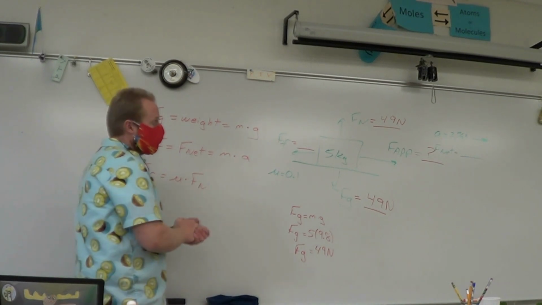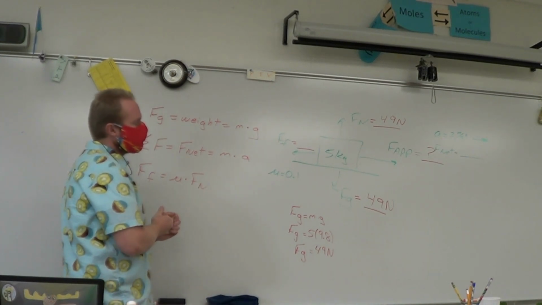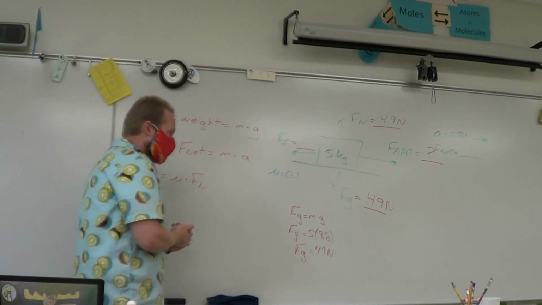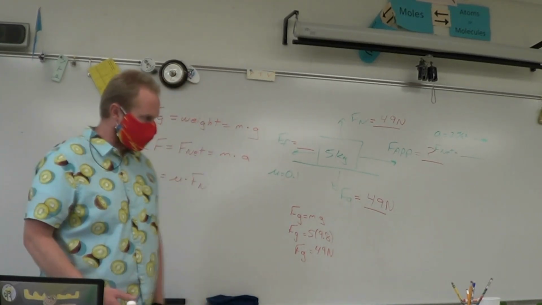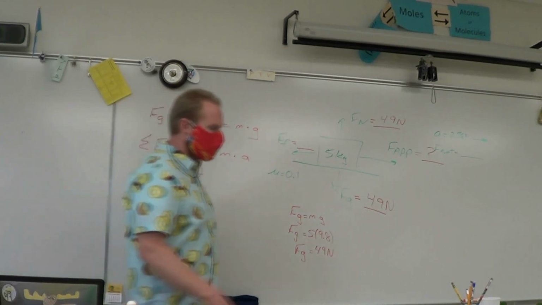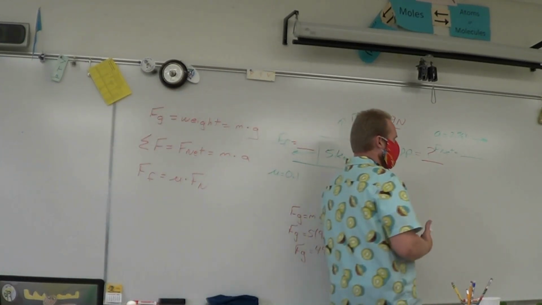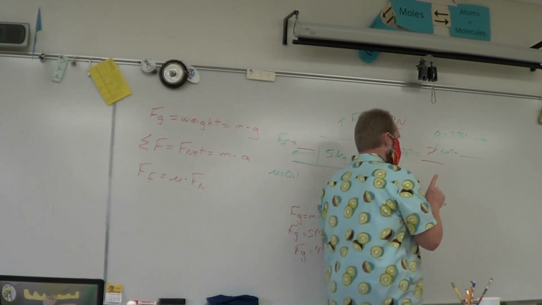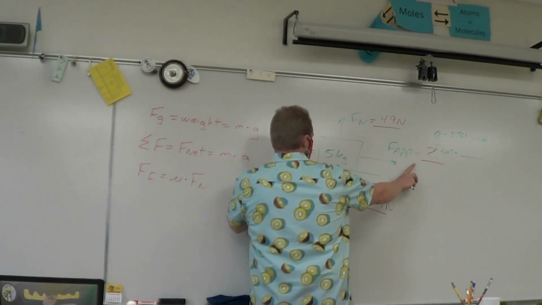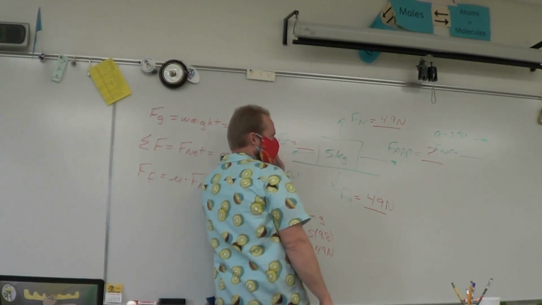Okay, so now, applied force. There is no special formula for applied force. The only way we can solve for applied force is by using Newton's second law. And when we do Newton's second law, we're going to have to add our rights and subtract our lefts.